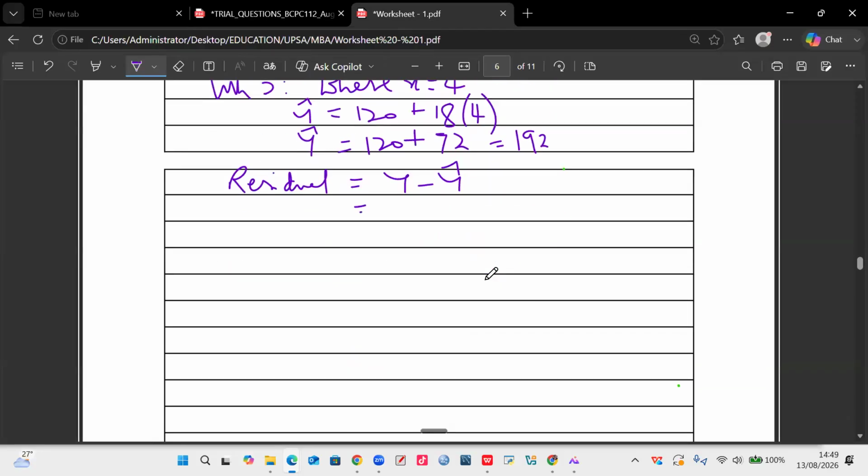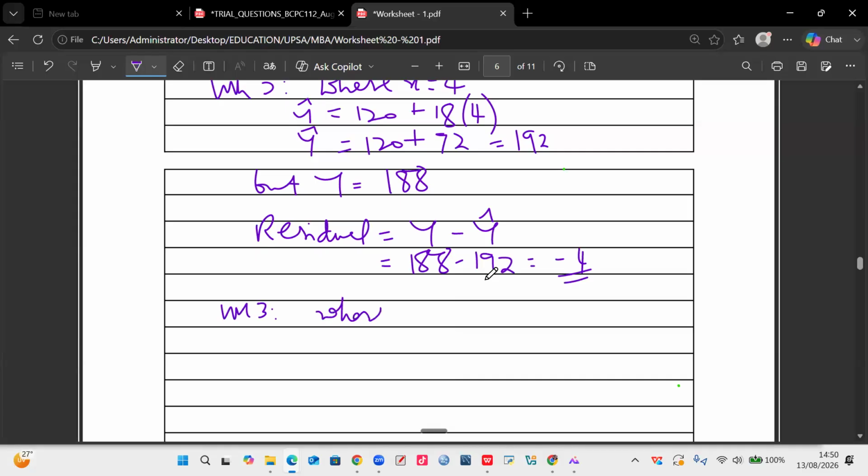So 188 minus 192 is not 4, it's negative 4. Double underline it. Then week 3.